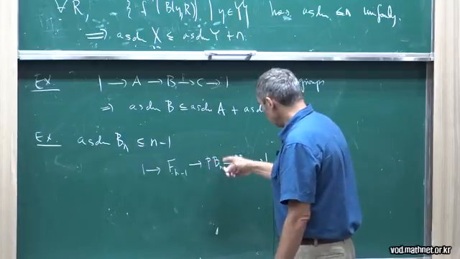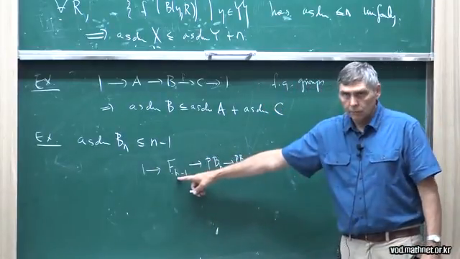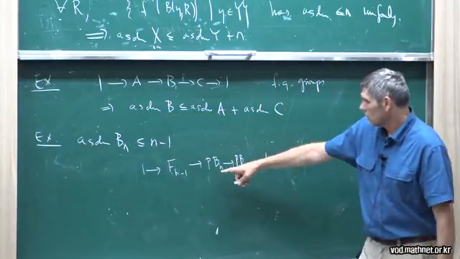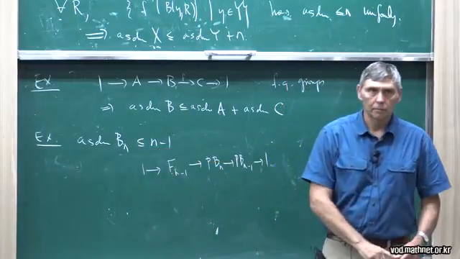A pure braid with n strands becomes a pure braid with n minus 1 strands, and the kernel is F_{n-1}. And so this fact tells you by induction that the asymptotic dimension of B_n is less than or equal to n minus 1.